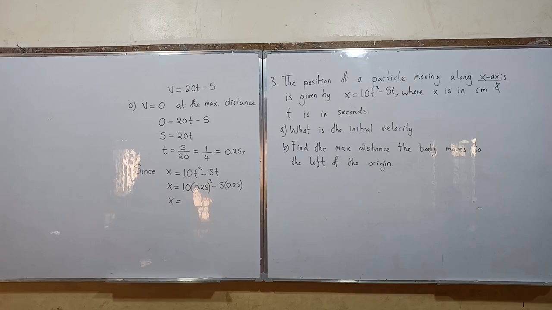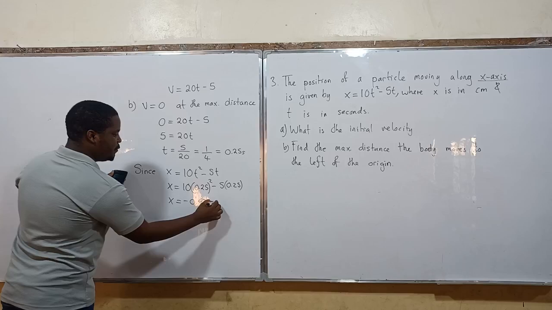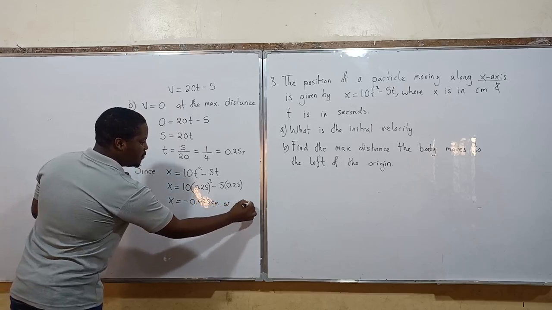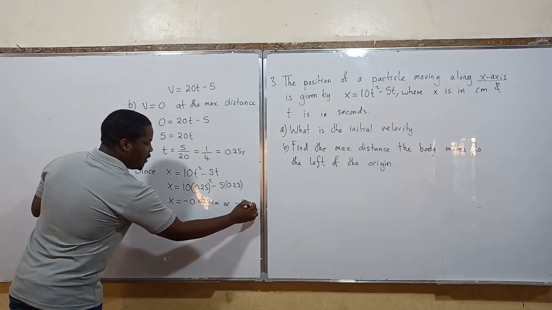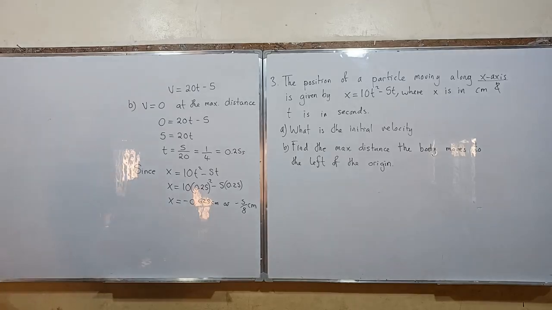As a fraction, is it 3 over 8 or 5 over 8? 5 over 8. So negative 0.625 centimeters or negative 5 over 8 centimeters. That's the same thing. Now we know why it's negative, because it's the distance going to the left-hand side. That's why it's negative. I hope that's fine.